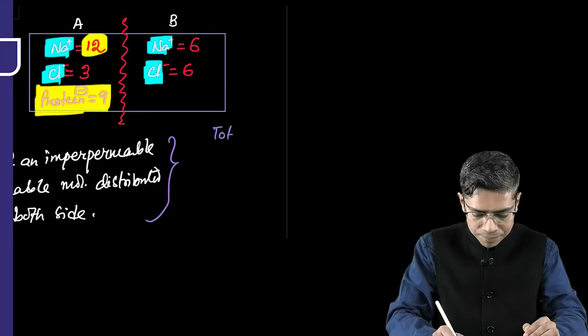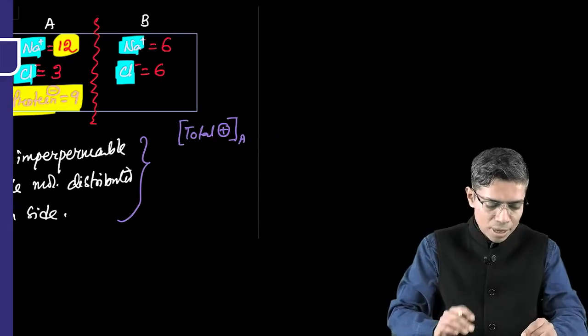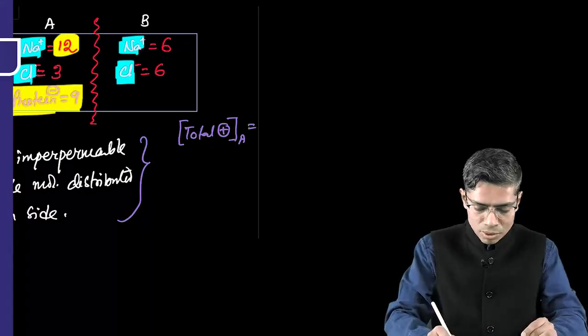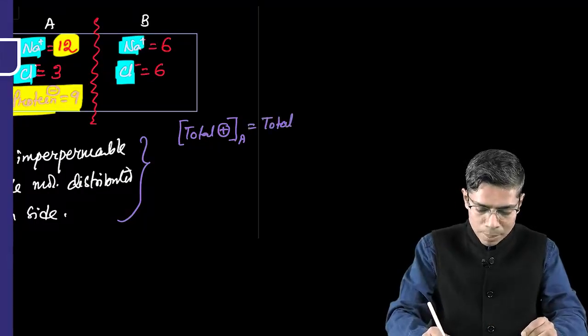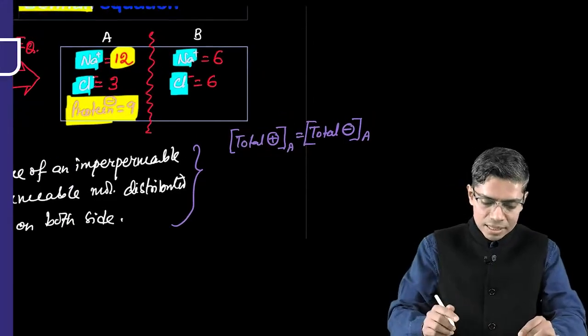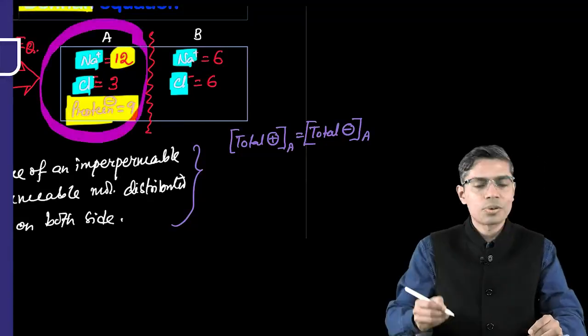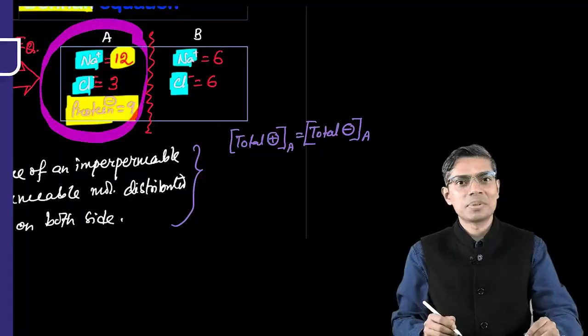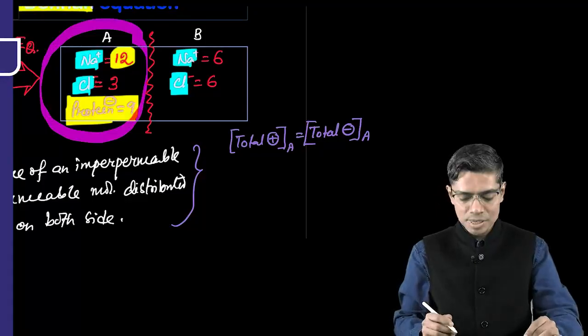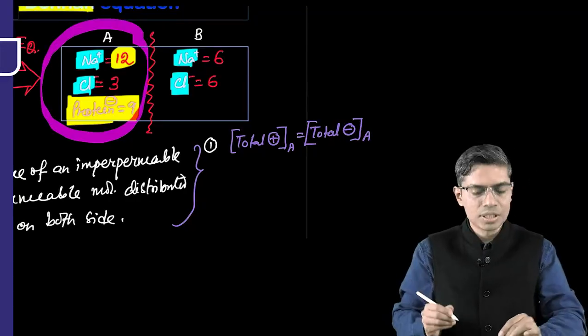The total positive charge in compartment A, that is 12, that is sodium, is equal to the total number of negative charges in compartment A, right? That means in the equilibrium condition, compartment A is an electroneutral compartment. Total positive is equal to total negative, electroneutral compartment. So this is the first equation of the Gibbs-Donnan equation.